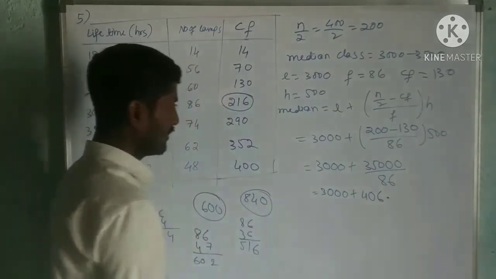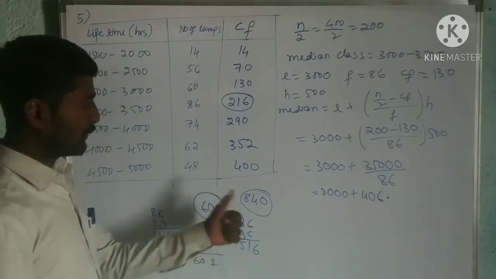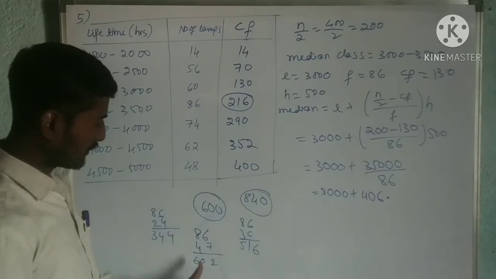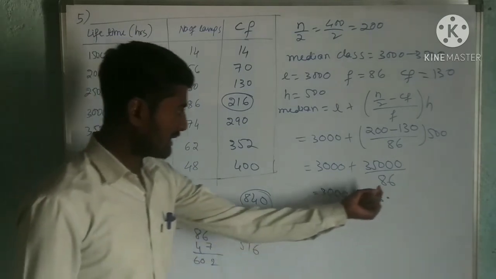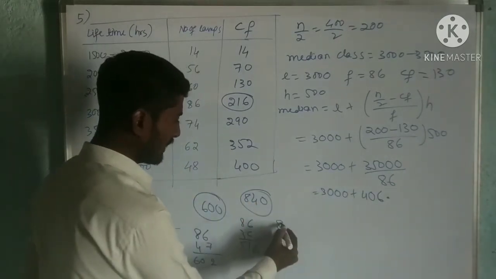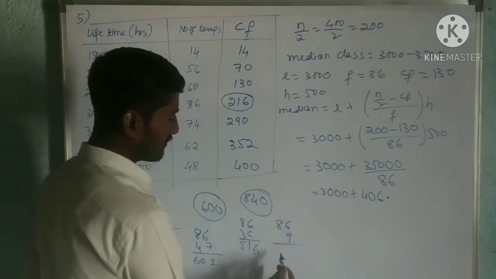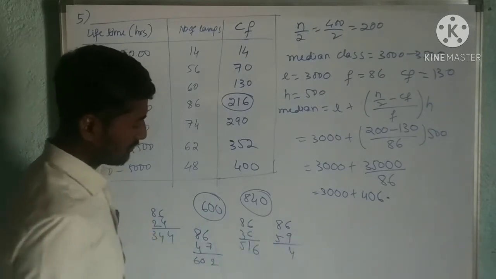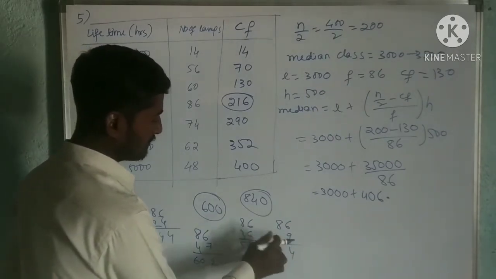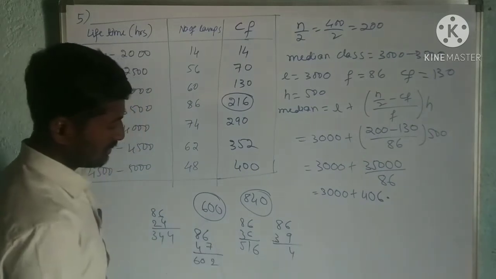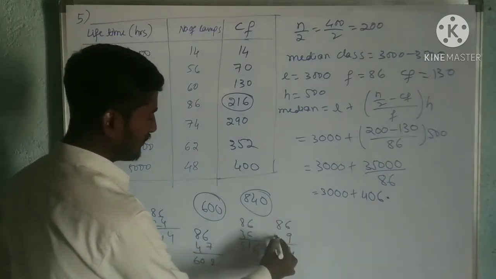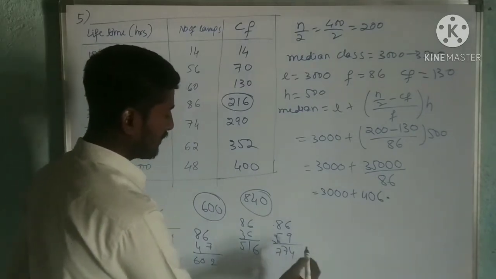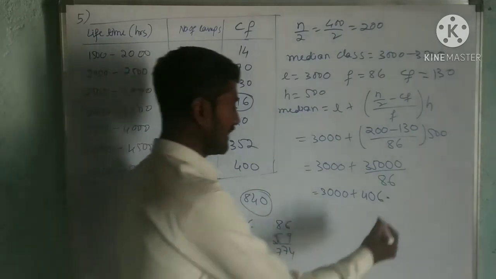Point. 840 divided by 86: 86 into 9 is 774.